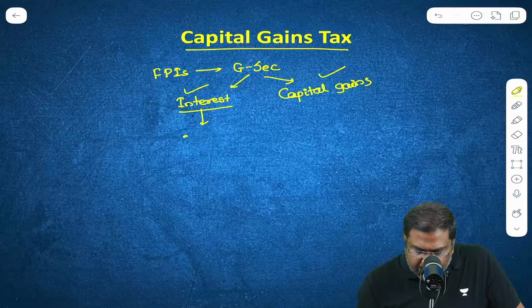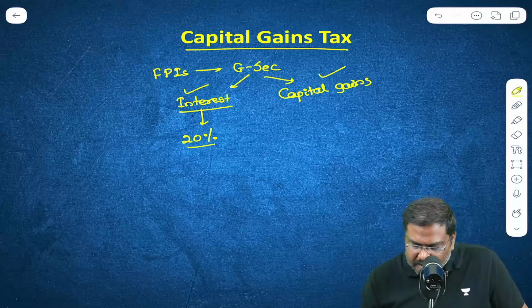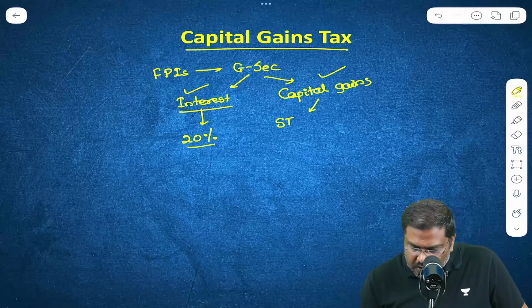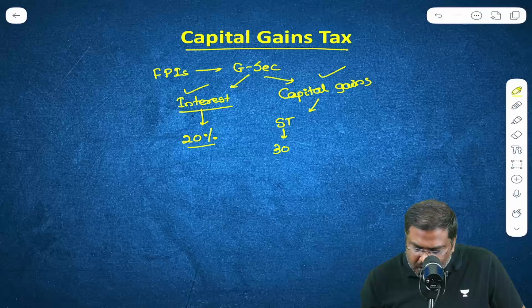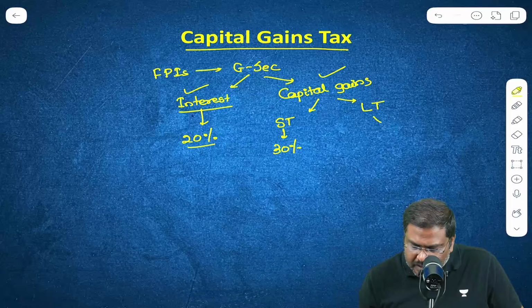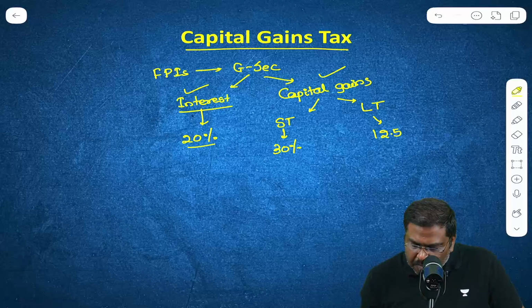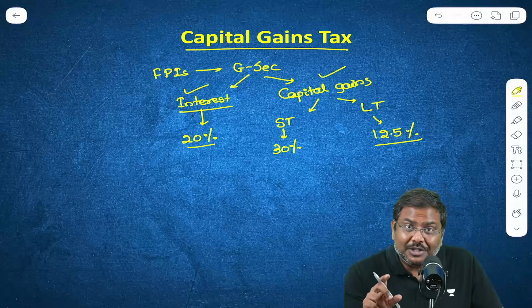On the interest income, the government imposed and collected 20% taxes, and on the capital gains, if it was short-term capital gains, the government imposed tax of 30%, and if it was long-term capital gains, the government imposed 12.5% tax. And the taxes are not yet over.